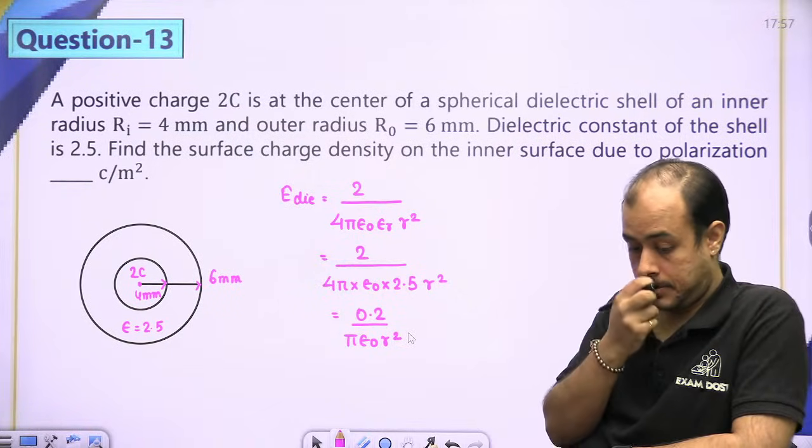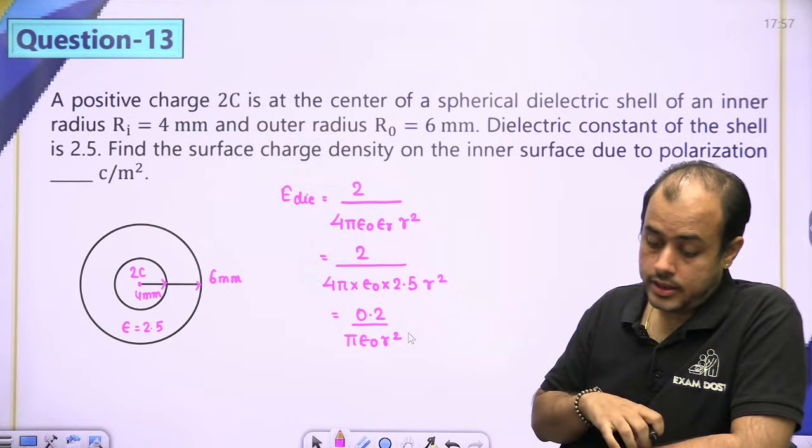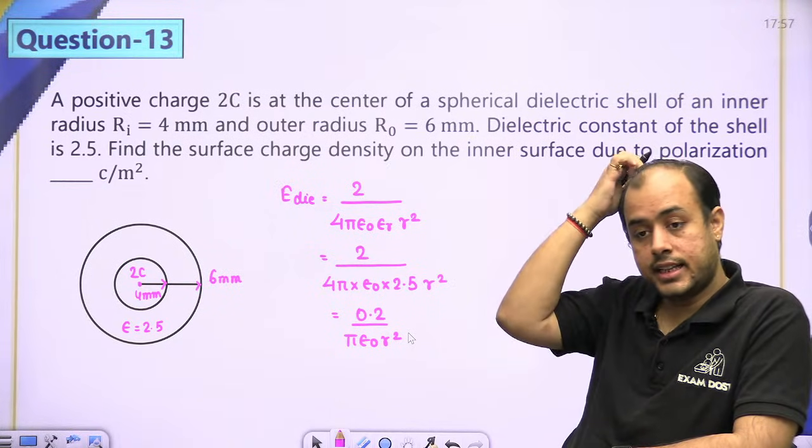Now it is asking us the surface charge density, beta.